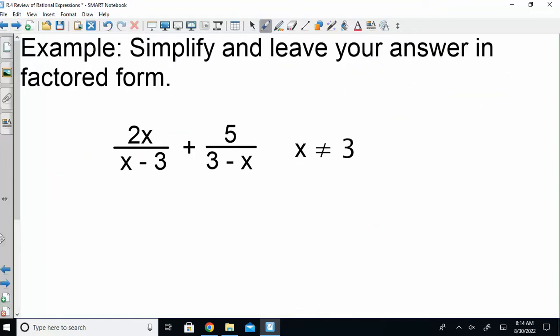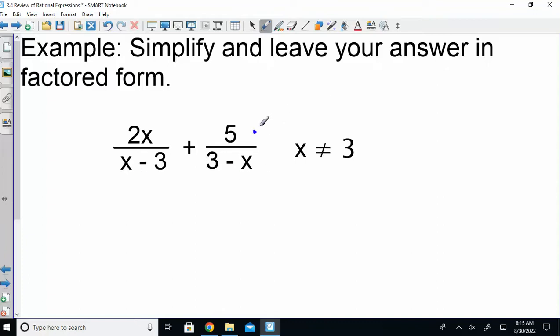Let's look at this one. Do we have the same denominator? You can multiply one of them by negative. Okay. x minus 3 and 3 minus x are just opposites.